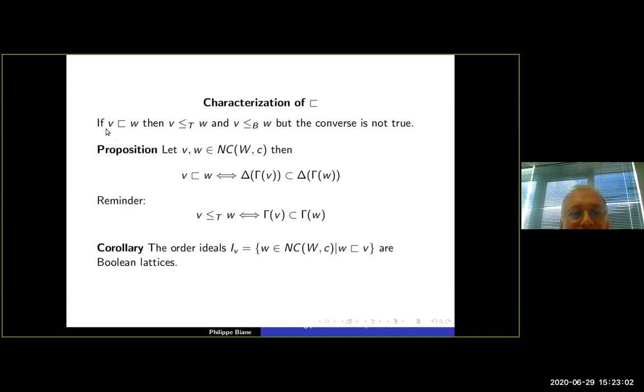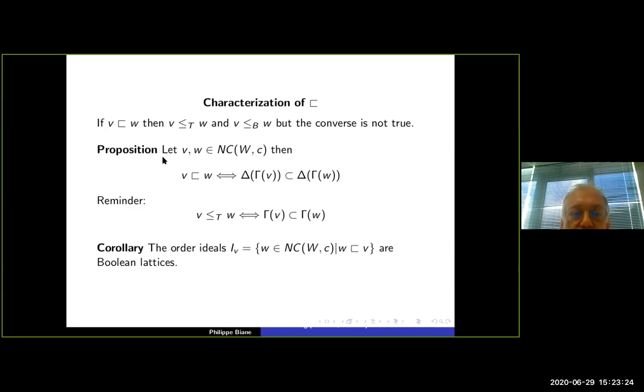If V is smaller than W for the square relation, then V has to be smaller than W for the absolute order, and V has to be smaller than W for the Bruhat order also. But the converse is not true, actually. It's not enough to have both these inequalities in order to have this one.